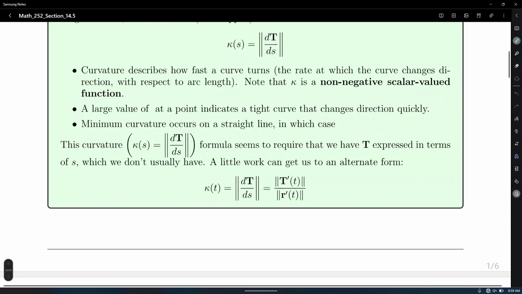However, there's an alternative way to get the curvature without having to reparameterize with the arc length parameter s, because for the most part, we work with vector valued functions with the variable t. So why not find formulations in the same variable? So here we have it. That is the quotient between the magnitude of the derivative of the unit tangent vector T divided by the magnitude of the velocity, which sounds like a lot, right?